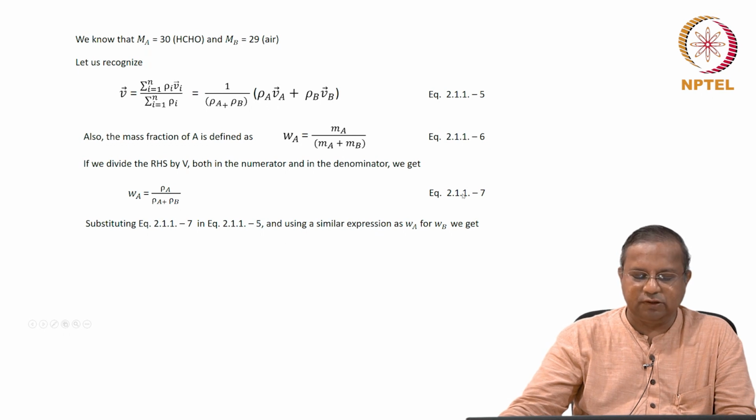Now, if you substitute 2.1.1-7 in 2.1.1-5, rho_A by rho_A plus rho_B is W_A, rho_B by rho_A plus rho_B is W_B, and therefore, V is W_A V_A plus W_B V_B, 2.1.1-8.